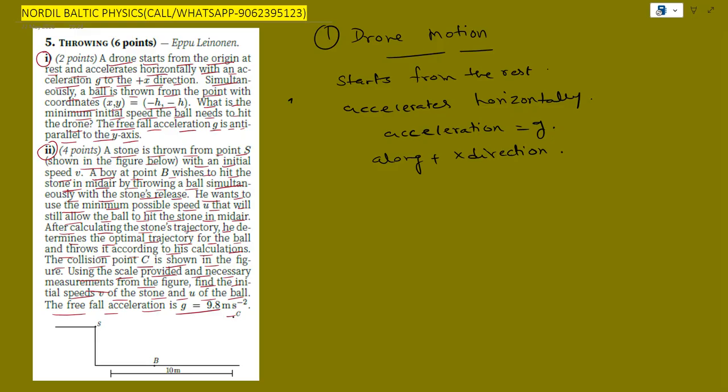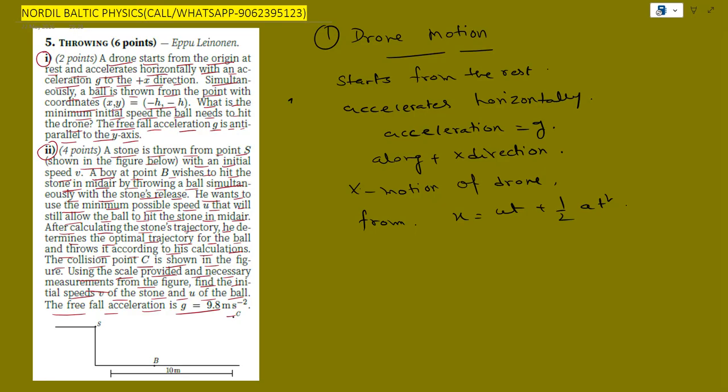So the x motion of the drone, from x equal to ut plus half at squared.